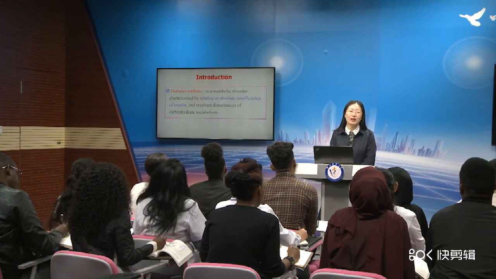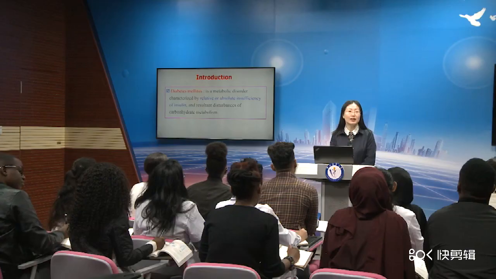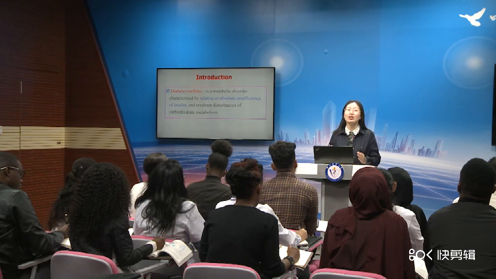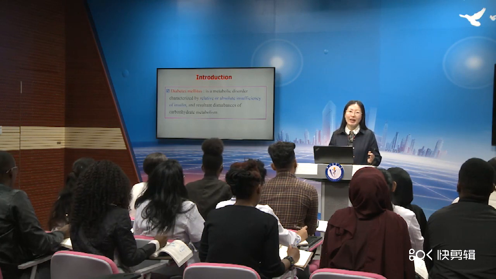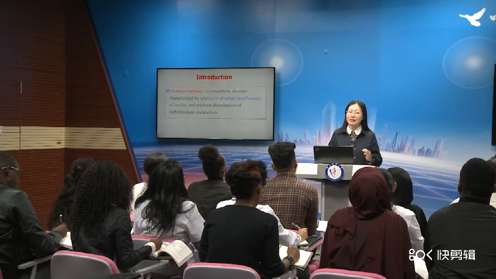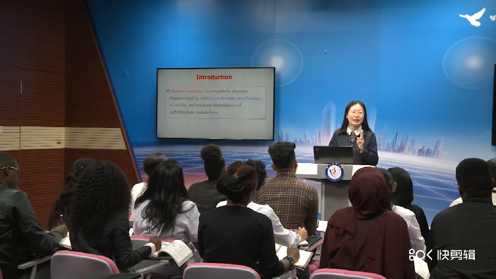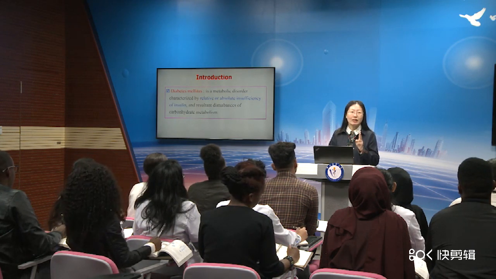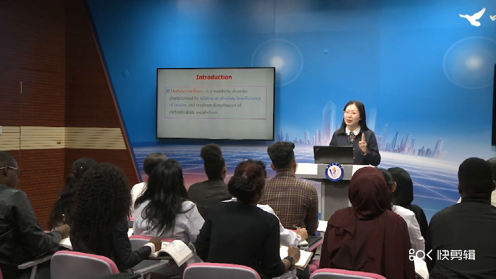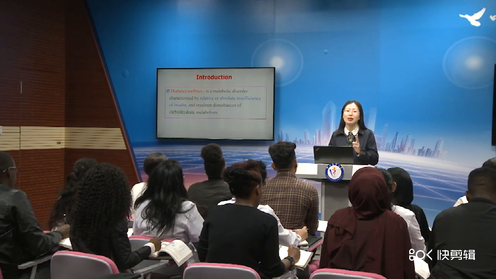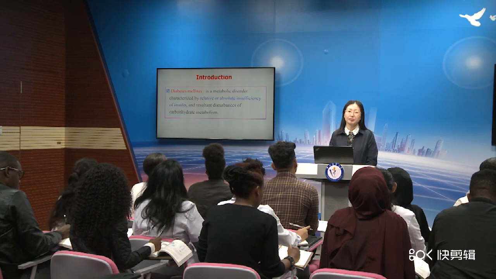Here we have two words. The first word is relatively. What's the meaning? That means the beta cell can release insulin, but insufficiently. Later we will study the second type, NIDDM patients. These patients' beta cells can release insulin, but relatively insufficiently.